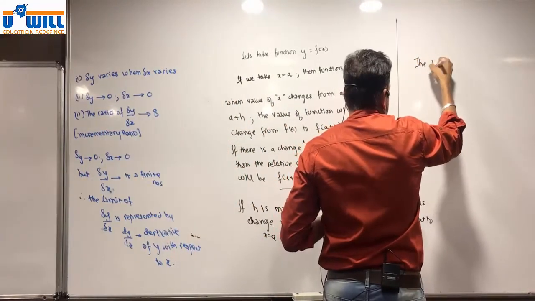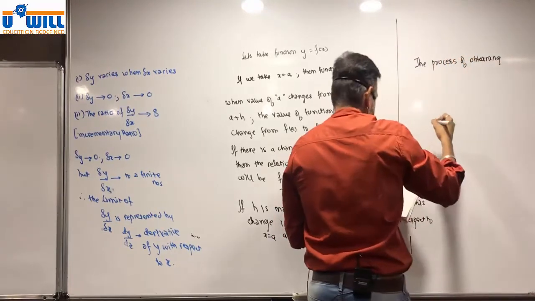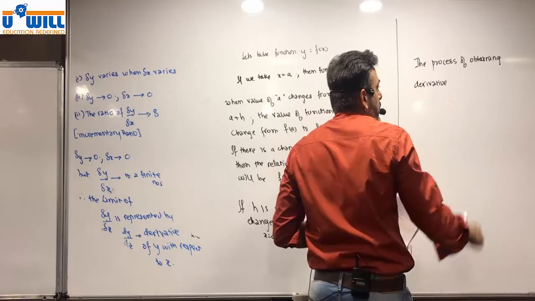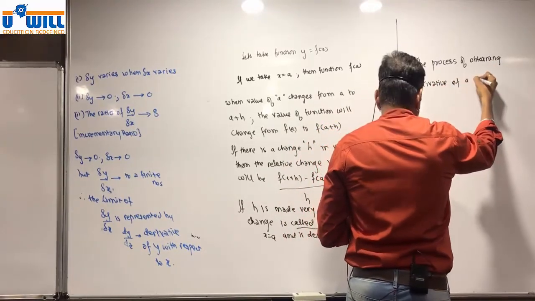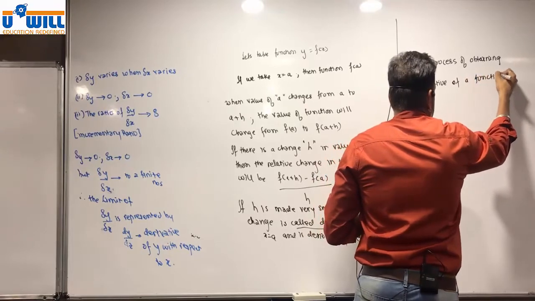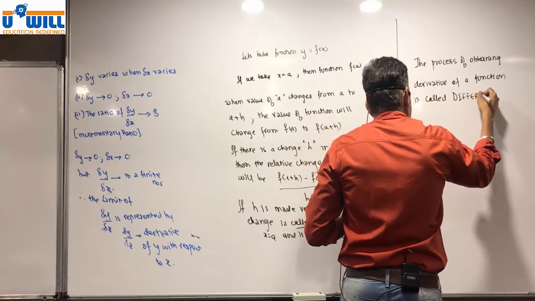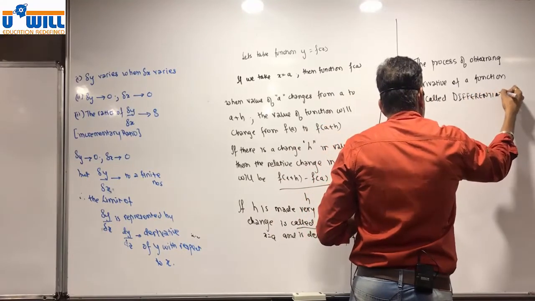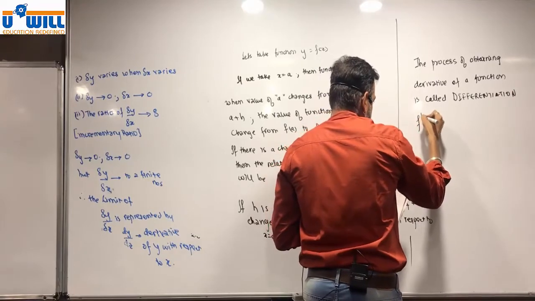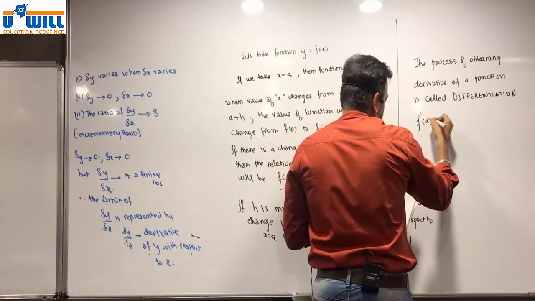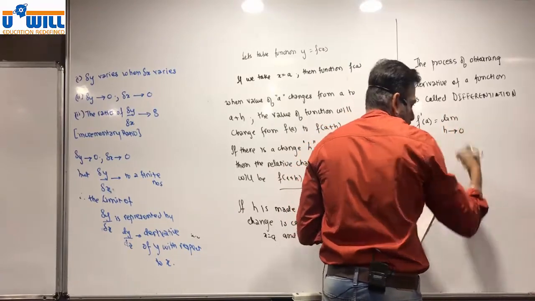The process of obtaining the derivative of a function is called differentiation. So f dash a is equal to the limit h tends to 0.